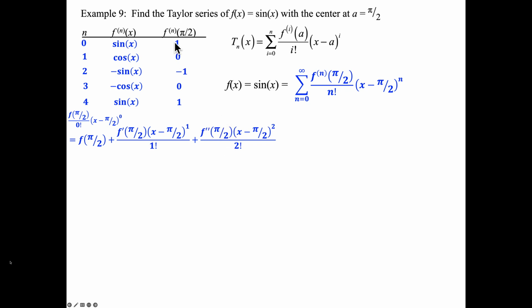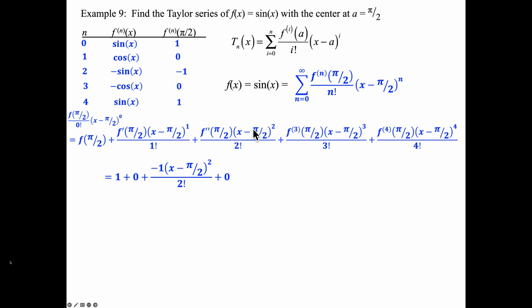Second derivative, just looking at these values, increase our power, increase our factorial. So this is a 1, this is a 0, that term's a 0, so everything else is going to be 0, plus negative 1 times x minus pi over 2 squared over 2 factorial.